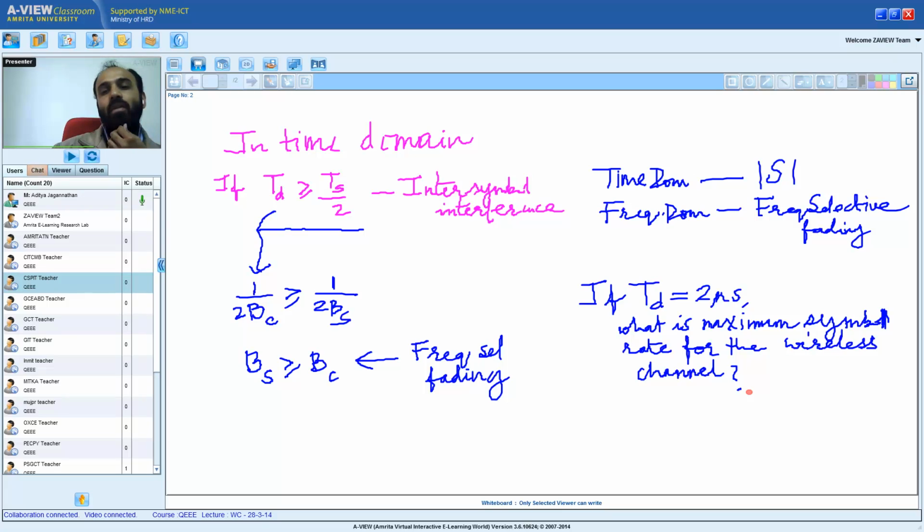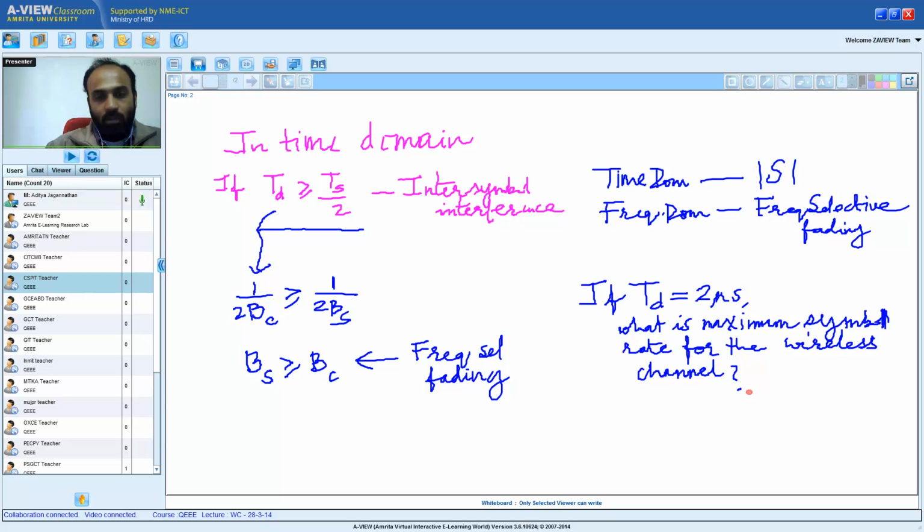What is the maximum symbol rate? The maximum symbol time, I think everyone is confused.